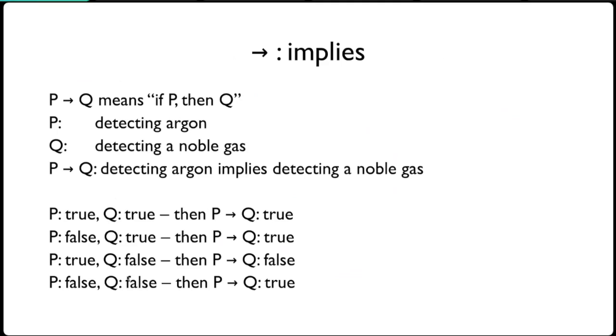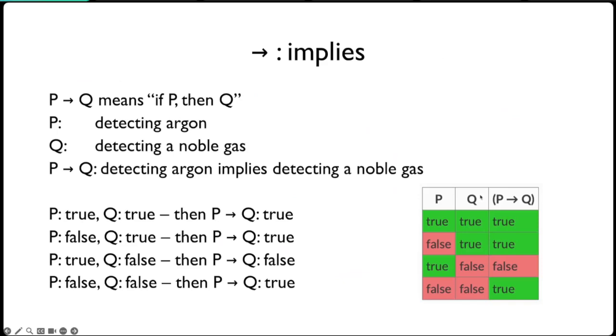And the truth table comes out this way. Let me jump in with the colored version as well. P being true and Q being true makes the joint statement P implies Q true. P being true and Q being false makes the joint statement P implies Q false.